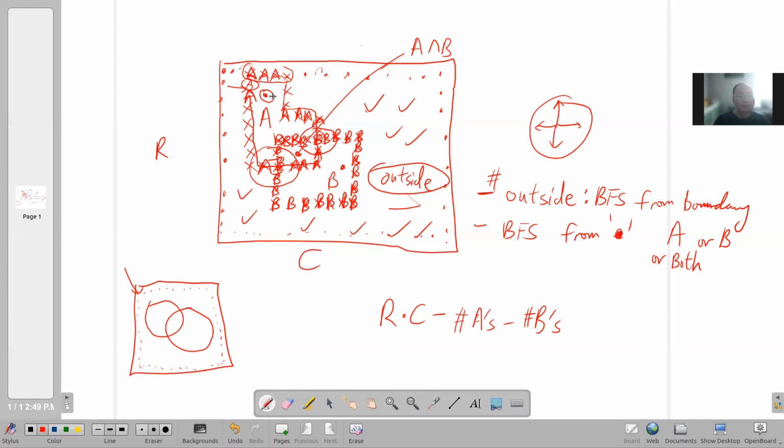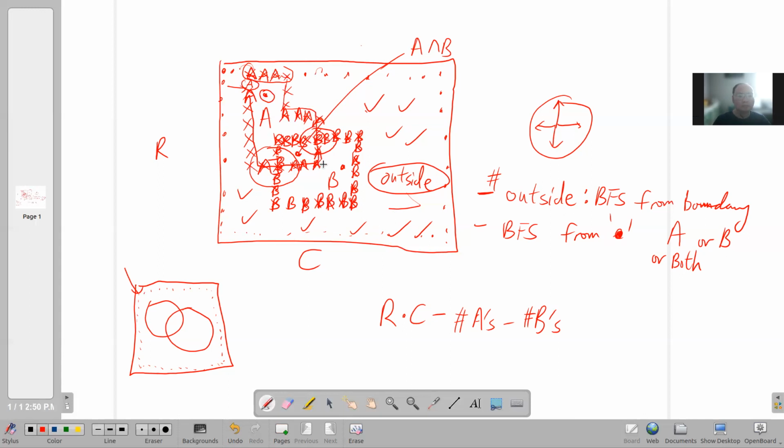You figure out whether this point is sitting in A or B or both. And once you have that, then of course when you flood fill it, you know which of these three regions you are in. Again, you only have to do two of them because the third one is going to be basically the subtraction: the total number of dots minus the outside minus the two that you got inside.